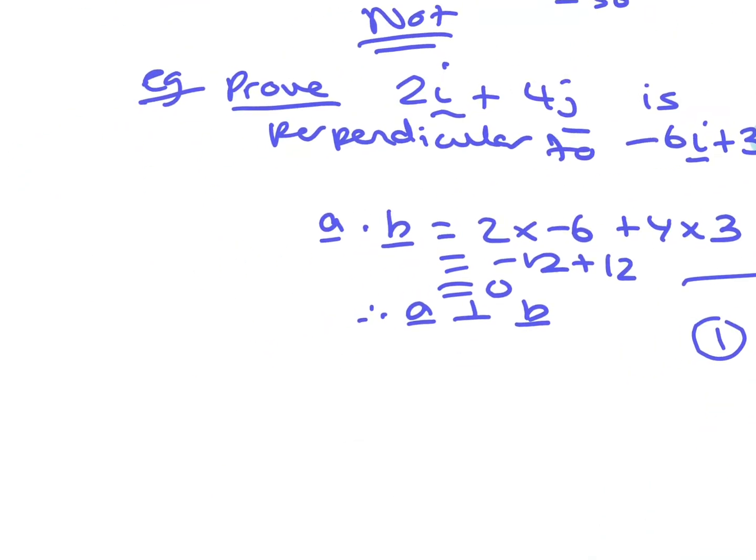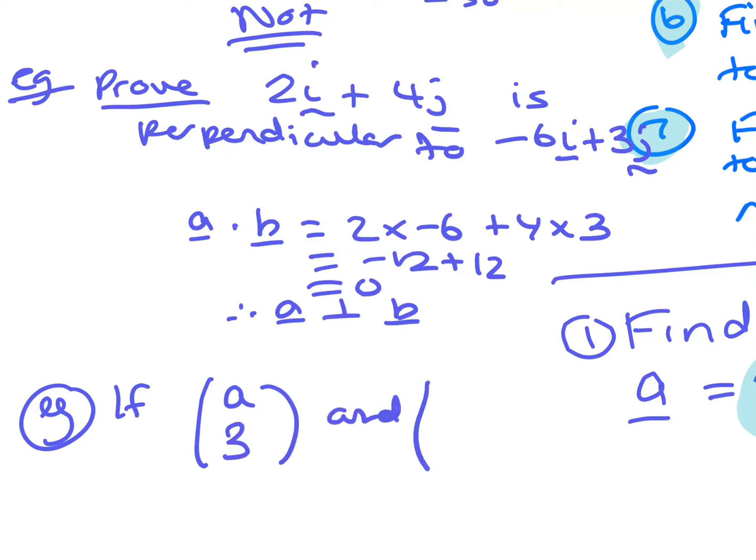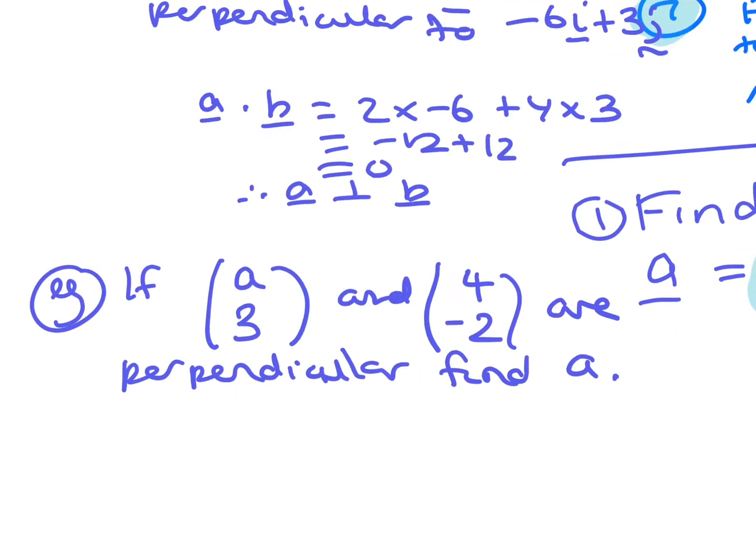Okay, and just a different type of example. Let's just say if A, 3 and 4, minus 2 are perpendicular, then I want you to find A. Okay, so if you use the perpendicular vector rule, A dot B equals mod A mod B. And that's a different A to this.